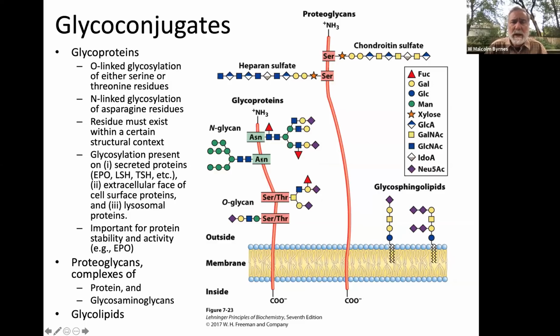And N-linked glycans here with different kinds of branched oligosaccharide groups, okay? But then in the proteoglycans, you see a much longer polysaccharide component attached. In this case, it's to serine residues through an O-linked glycosylation.